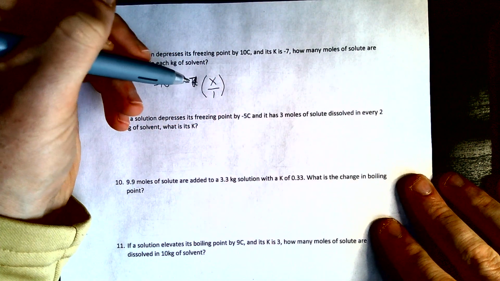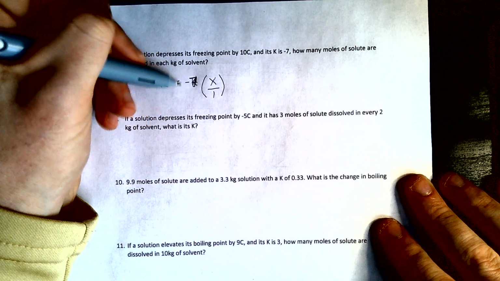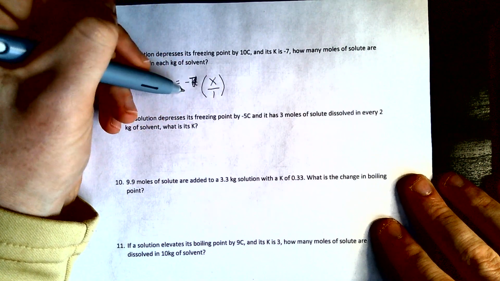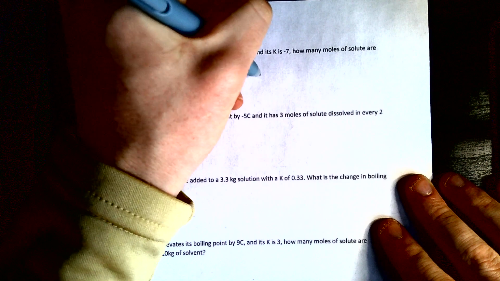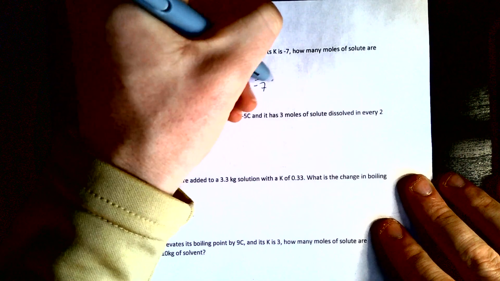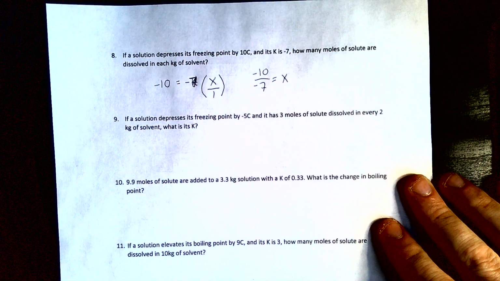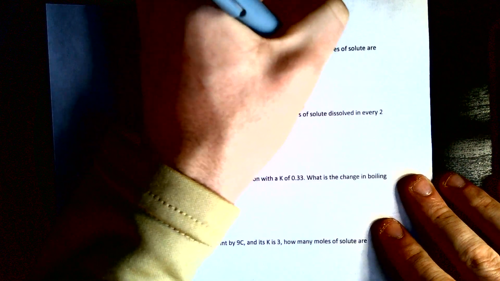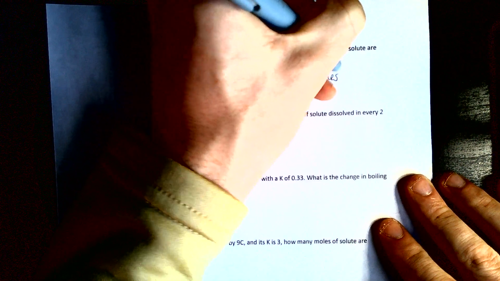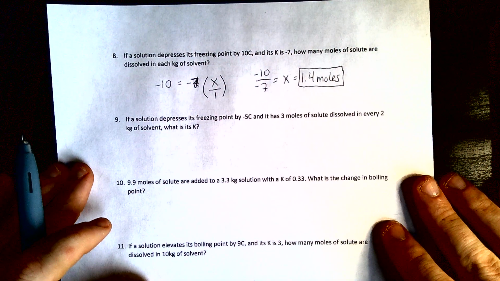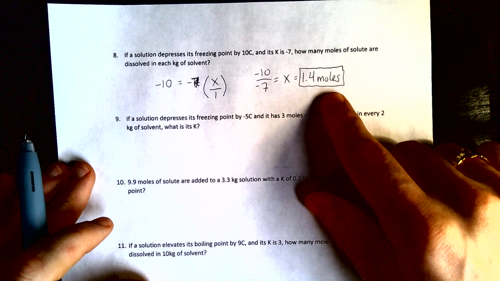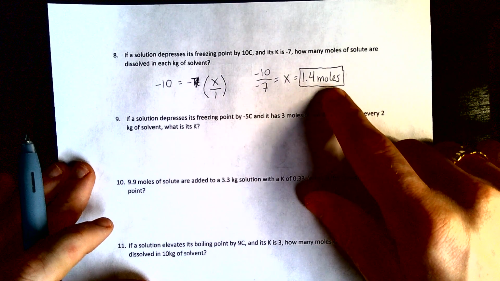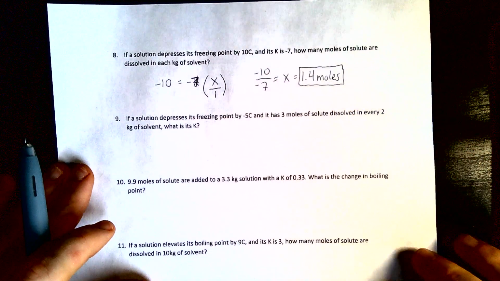X over 1 is just x, and we need to get rid of this negative 7, so we're going to divide it on both sides, which gives us this. Putting that into your calculator, you get 1.4 moles. Remember, in problems like this, you can't have negative moles. This number should always be positive, so remember your negative signs.